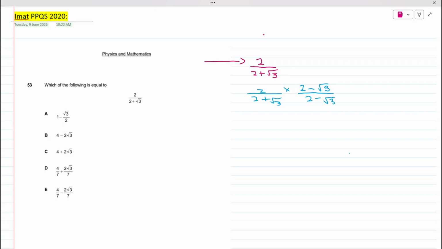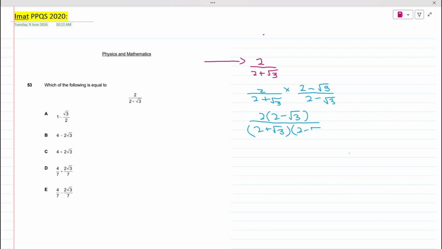If two fractions are multiplying with each other, you just multiply numerator with numerator and denominator with denominator. So this 2 would be multiplied with this entire term, 2 minus radical 3, by 2 plus radical 3 into 2 minus radical 3.